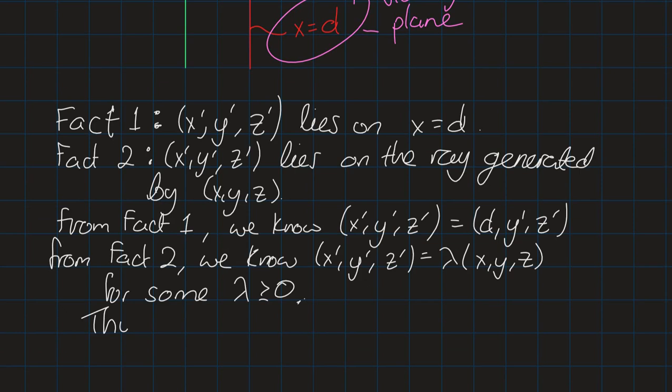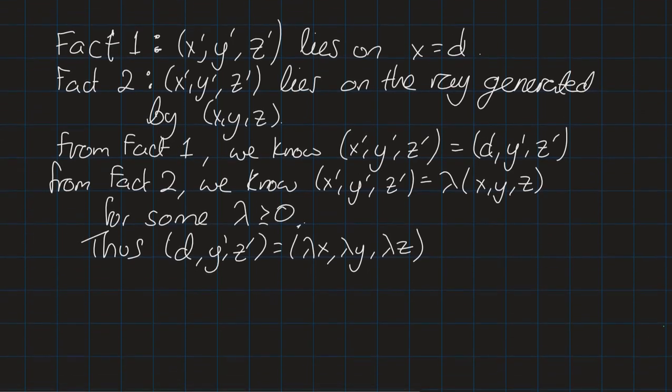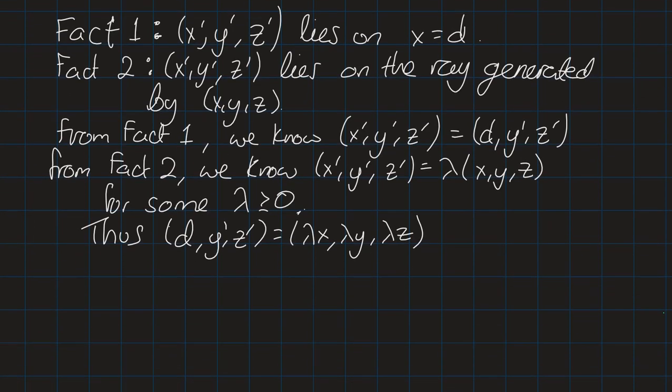If we put these two things together, we have that d, y prime, z prime is equal to lambda x, lambda y, lambda z. So this means, in particular, d is equal to lambda x, and thus lambda is equal to d over x.